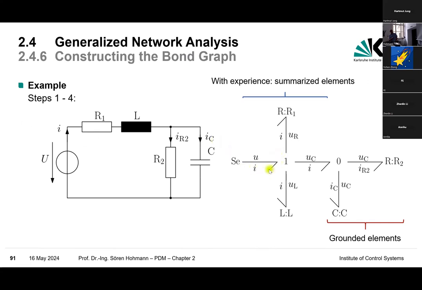And this is not so surprising because the 1 junction, remember, represents a mesh. And if you look directly into the graph, and if you're a little bit trained, you find something here, a mesh, and there 1 node. And therefore, yes, a 1 junction and a 0 junction is appropriate.